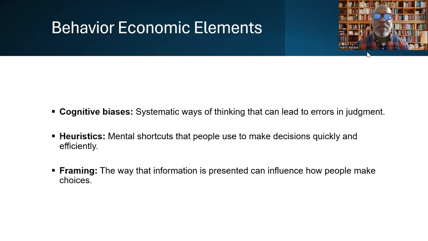And framing, the way information is presented can influence how people make choices. The way you communicate something, you try to frame it in a way to call attention to people, to basically influence choice without taking away options. And we'll explain that.